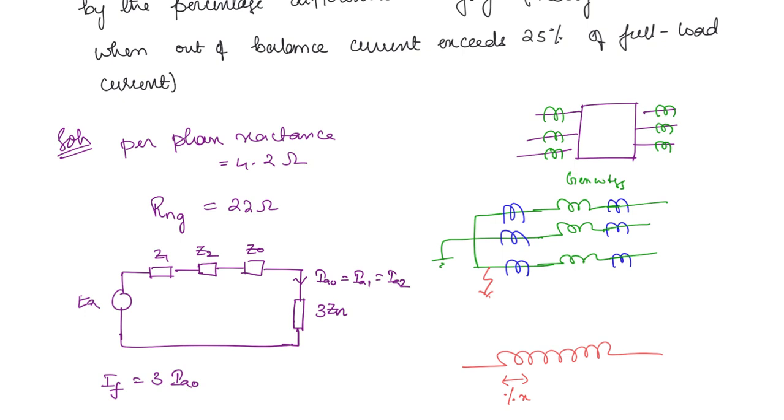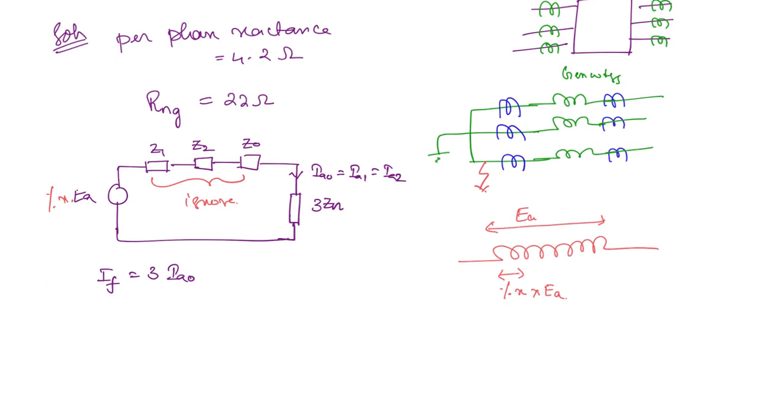Also, if the voltage across the entire winding is E_A, then we want only the voltage across this unprotected winding. So that is going to be X% times E_A. So here you are going to write X% times E_A, and this all you are going to ignore. So what are you going to get finally? I_F is equal to 3 times E_A, you can take as the voltage that is given, right?